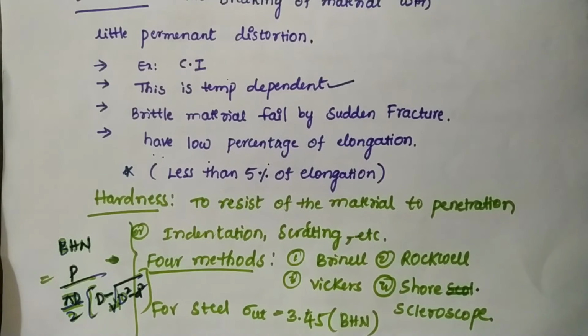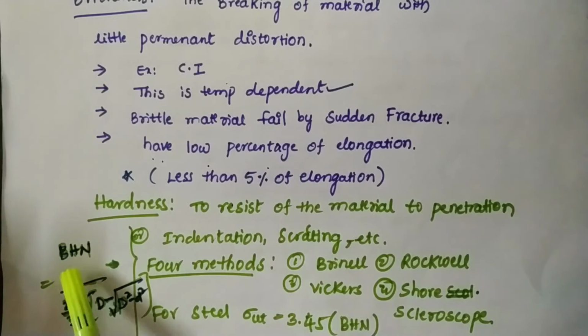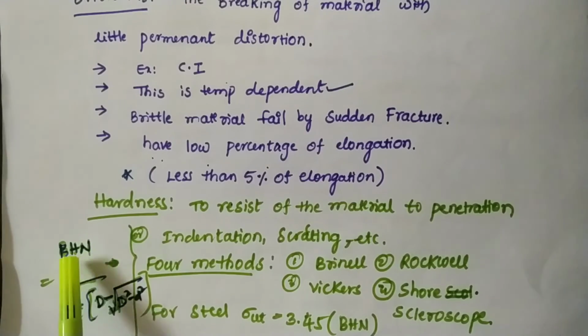For steels, the ultimate strength is equal to 3.45 times the Brinell hardness number. This point is also very important. What is the formula of Brinell hardness number? BHN is the short form of Brinell hardness number.